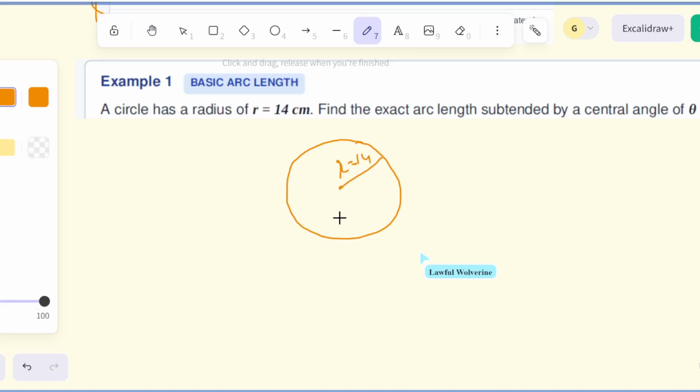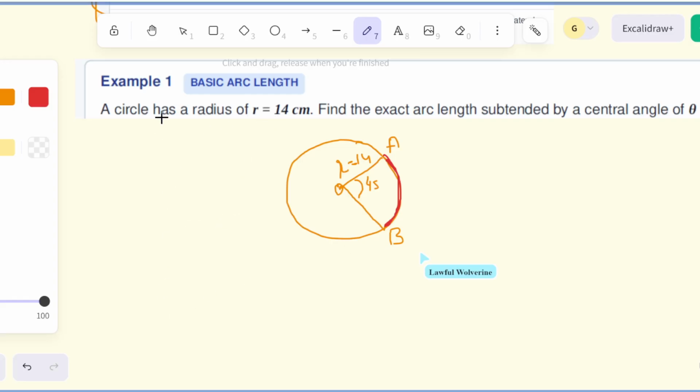Find the exact arc length subtended by the central angle 45. Let it be O here, A and B. They're asking if this angle is 45, what will be the length of this arc AB?